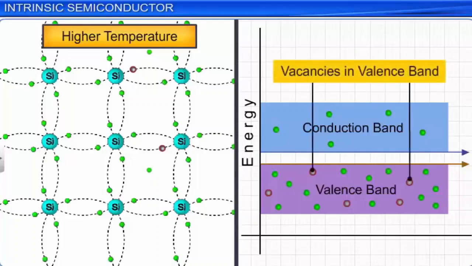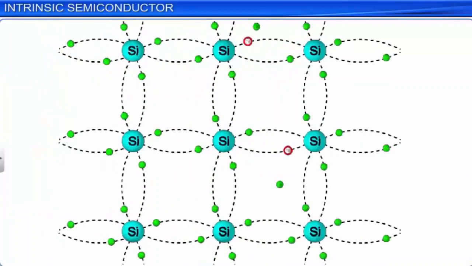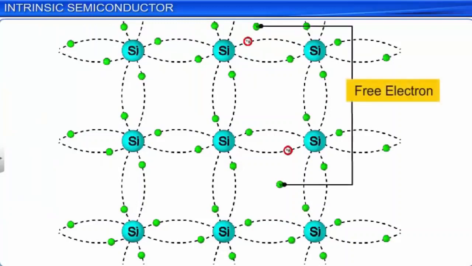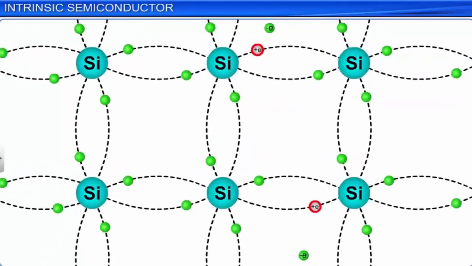This can be visualized as breaking of a covalent bond, where an electron becomes free and leaves behind a vacancy in the covalent bond. An electron breaking away from a covalent bond takes away a unit negative charge with it, leaving behind a vacancy with an assumed unit positive charge.